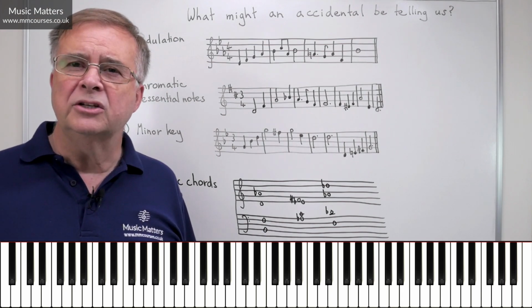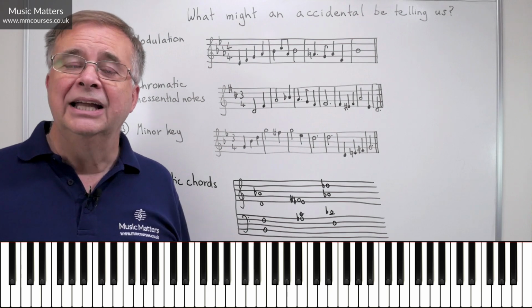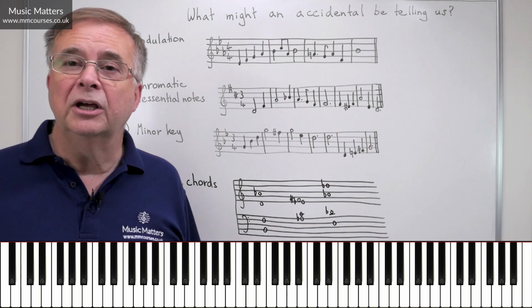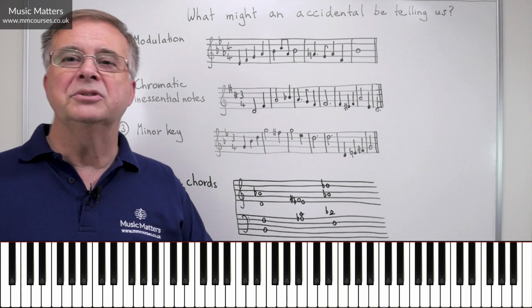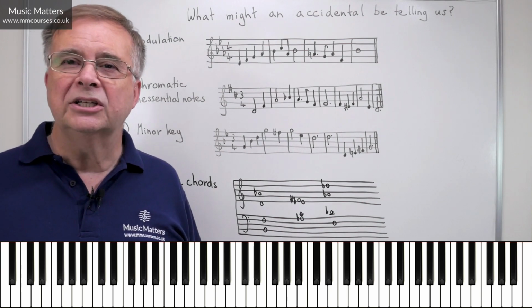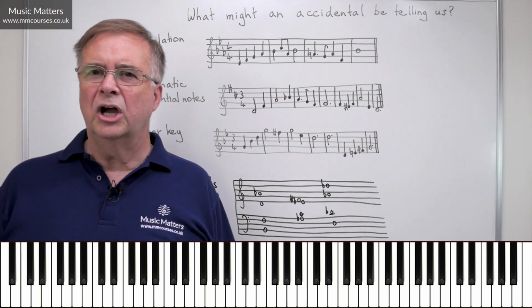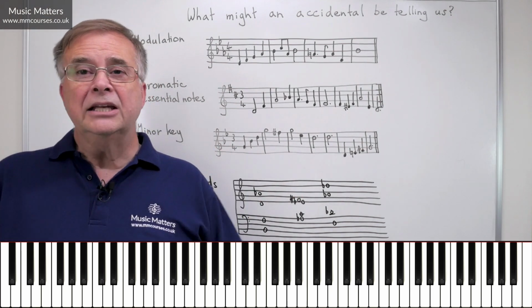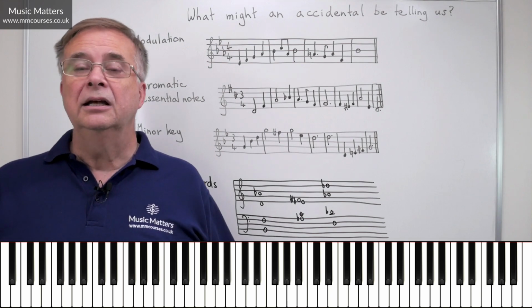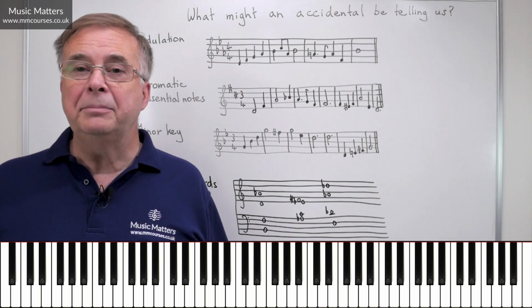And some of you will be saying straight away, well, hang on, that can't be right, because in C major, there are no sharps and no flats. That is absolutely true in terms of the key signature, but sometimes we have chords that do use sharps and flats.